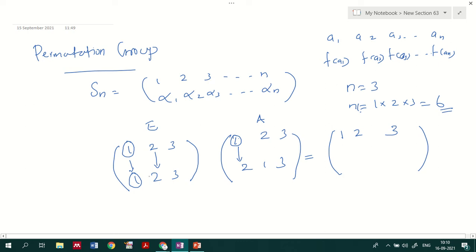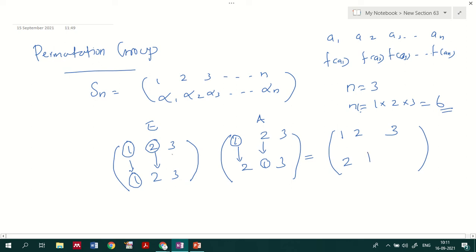Corresponding to 2 we have 2, and in the nearby matrix corresponding to 2 we have 1, and the value corresponding to 1 is 1.